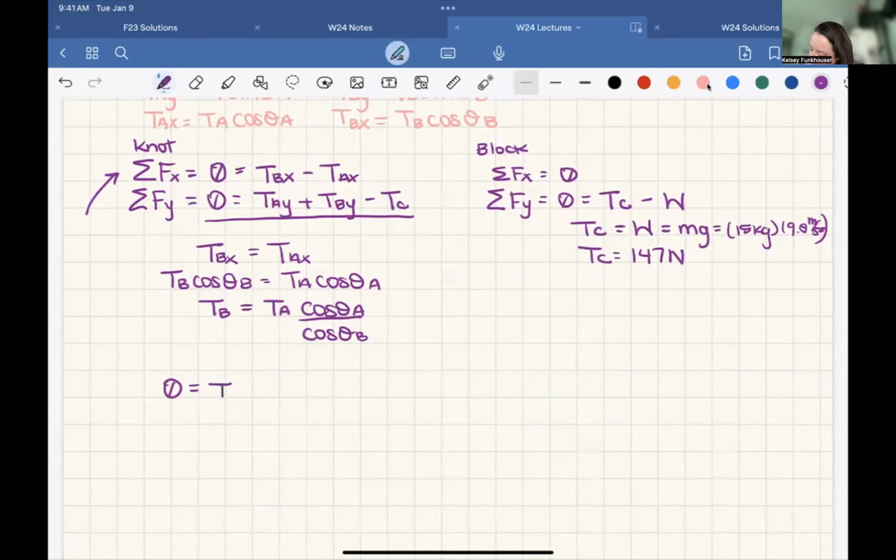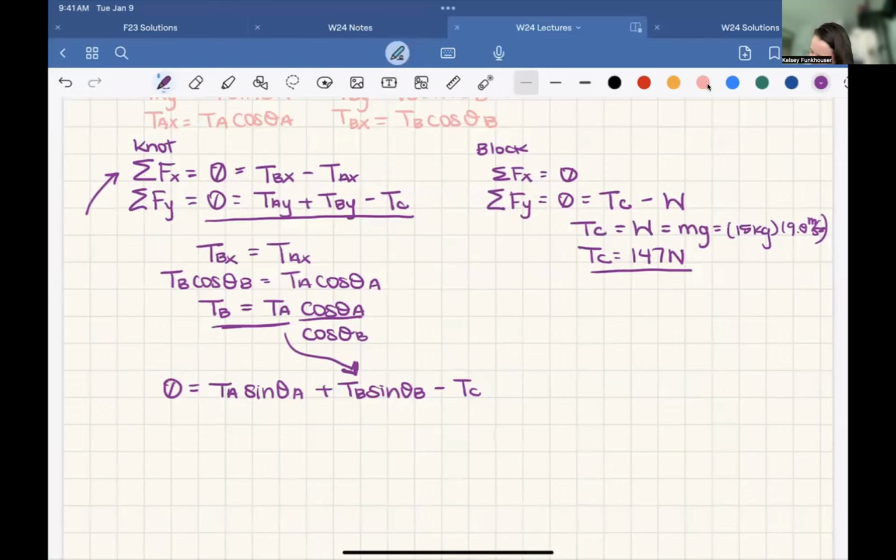So maybe we'll just keep it as it is, but we'll write everything out. So we have 0 equals TA sine theta A plus TB sine theta B minus TC. And I might just keep TC as TC for now, since we have a number for that we'll plug in a little bit. So now is where having this relationship comes in handy, because we can plug this in for TB right here, and that gives us one thing we don't know, which is the tension in A. So we can solve for that.